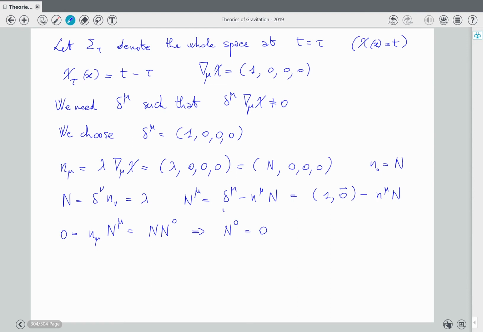But capital N 0, we can read it from there, it's 1 minus small n 0 capital N. So that means that n 0 with upper index is 1 over N. Okay, so capital N mu has no 0 component. The other components will be called capital N I.